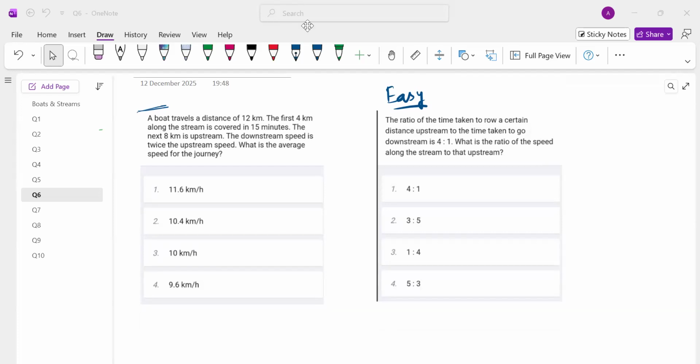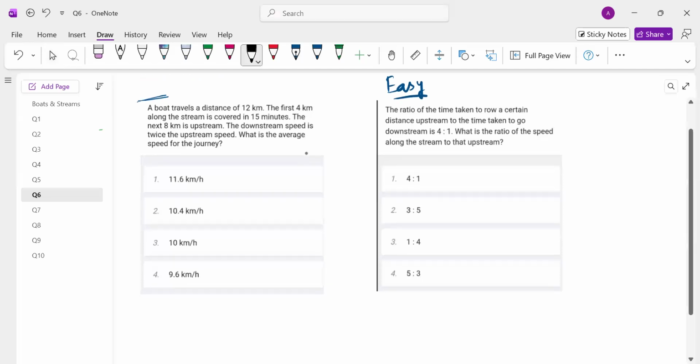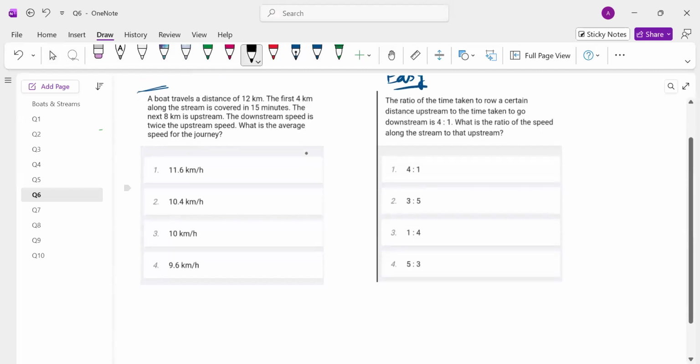Okay, the first question is a bit interesting, let me do it. So 4 kilometer along the stream, downstream, is covered in 15 minutes. So the first 4 kilometer in 15 minutes, now 1/4 hour. So the downstream speed, if I call it SD, is equal to 16 kilometer per hour, for 15 minutes or 1/4 hour.